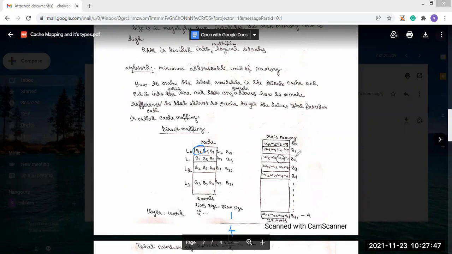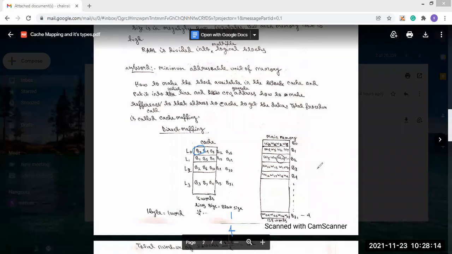When block number 0 completes its work, only then can we accommodate block number 4, our next block. So this is direct mapping: at a time, a cache can accommodate only one block.